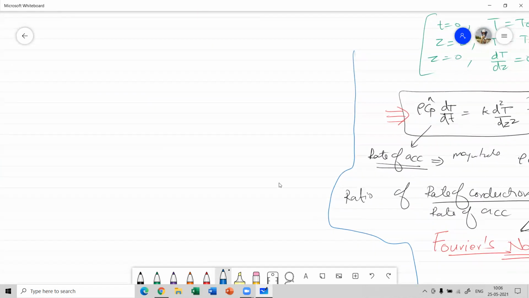Now, in order to solve this, let's take some dimensionless variables. First is theta, that is nothing but the temperature ratio.